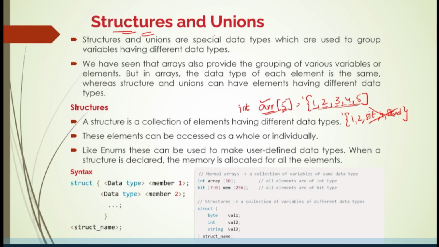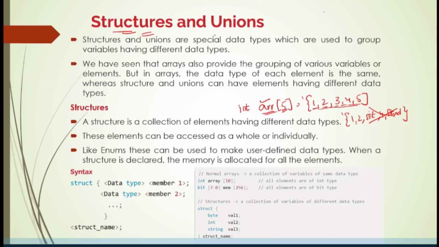So we will see how we are going to collect all these different data types. These elements can be accessed as a whole or individually. Whenever we are accessing any data type, we access it individually.